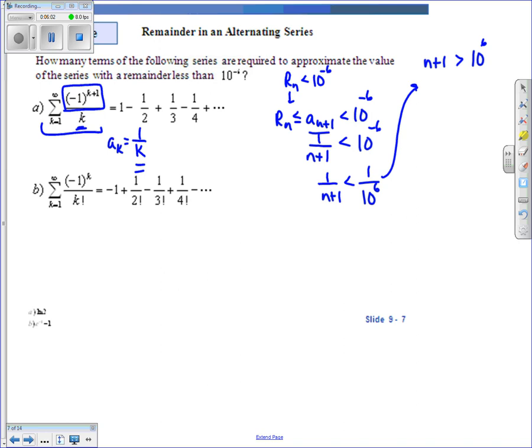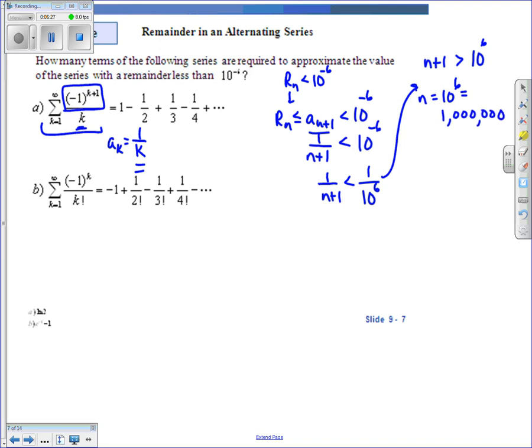So if I'm trying to find n, I just need to choose n to be at least 10 to the 6th. So I just want the n to be bigger than 1,000,000 minus 1, so choose n equal to 1,000,000.